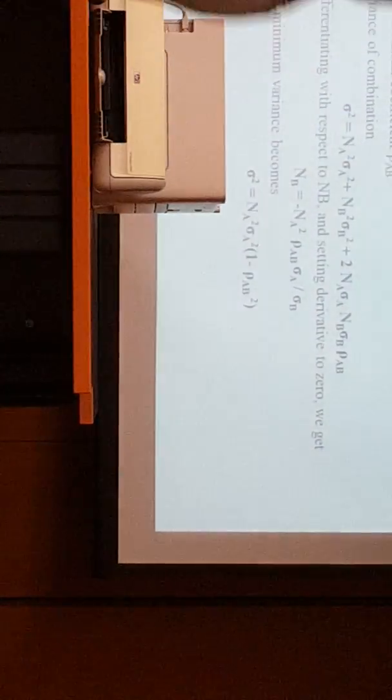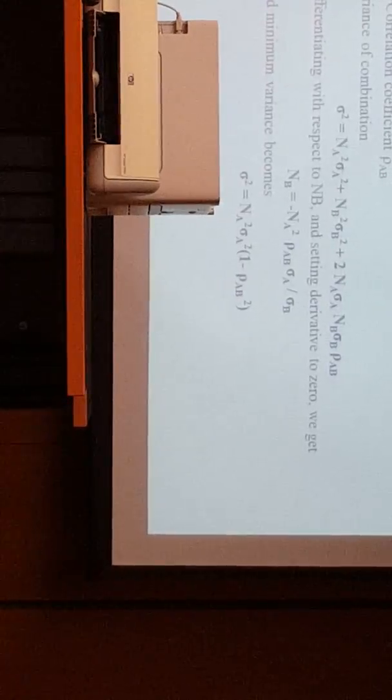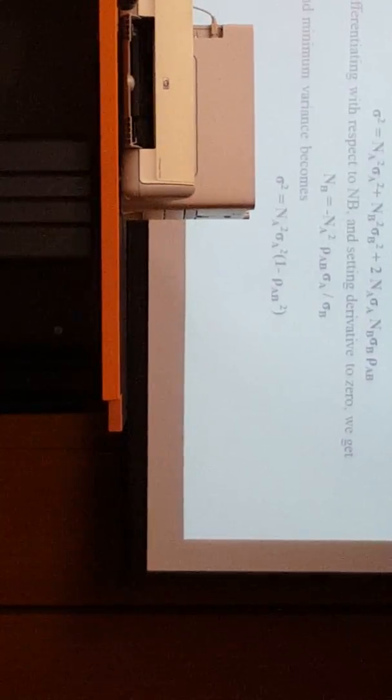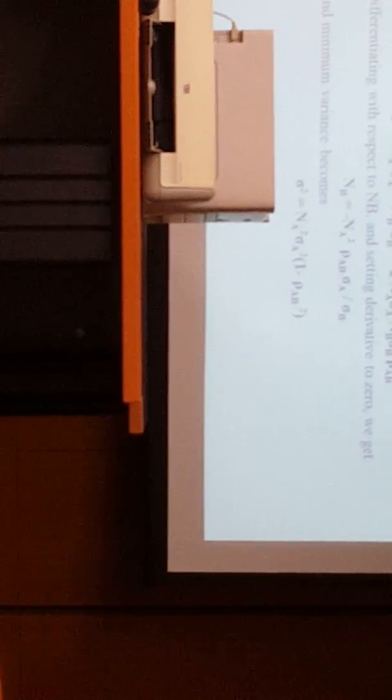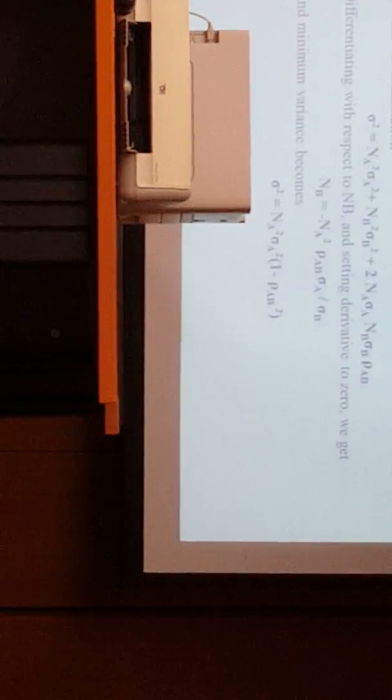So let's take a look at this. First of all, I said it's reasonable to assume that if NB is positive, NA is negative. Is it 100% certain that if NB is positive, NA is negative?